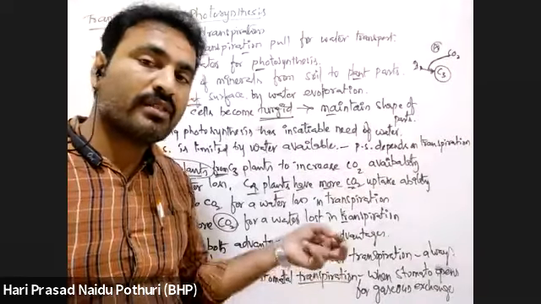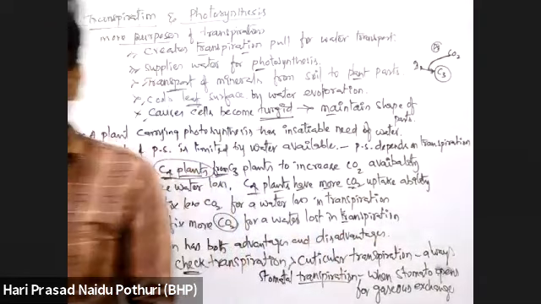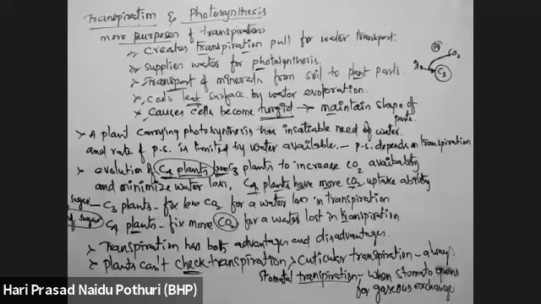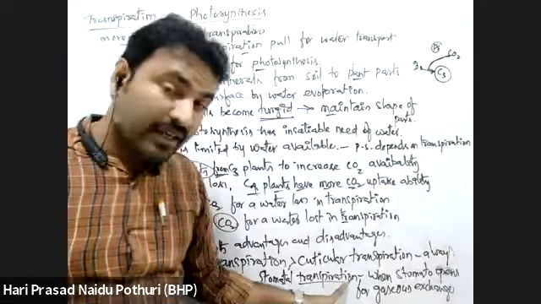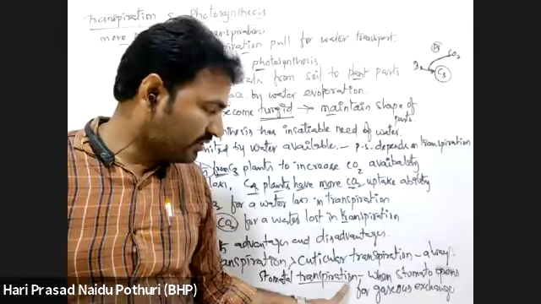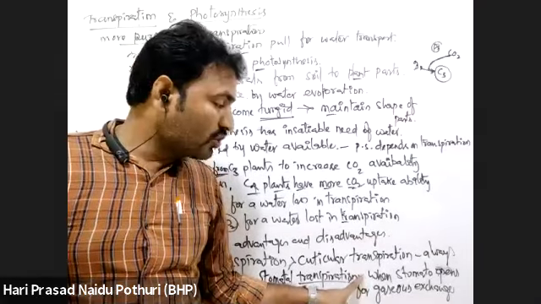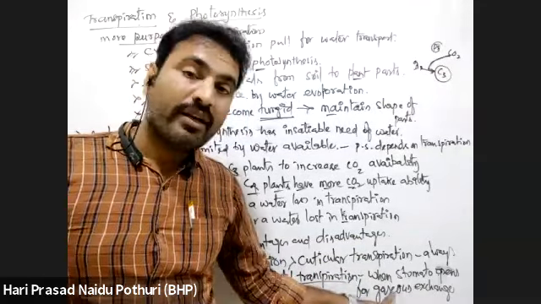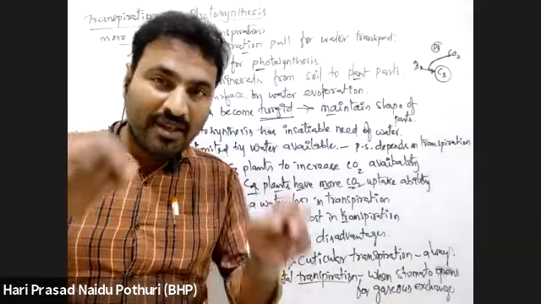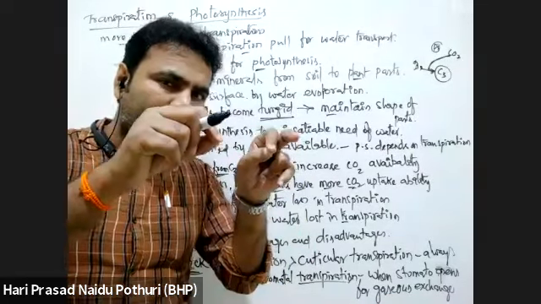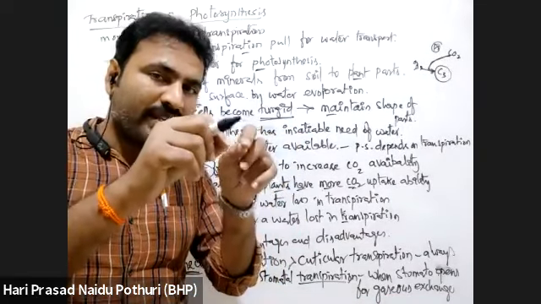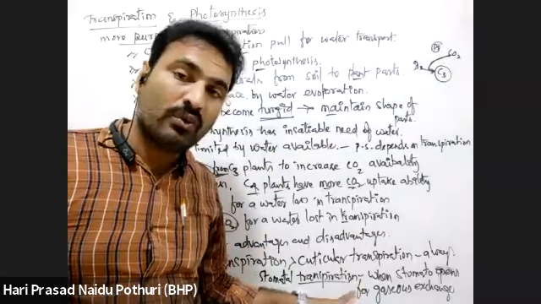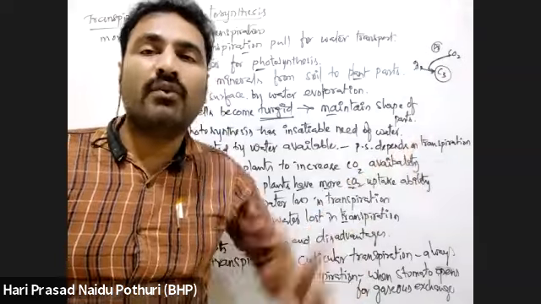For photosynthesis, there is a need for exchange of O2 and CO2. That is the major thing. The transpiration through stomata takes place whenever there is gaseous exchange. Whenever stomata open for exchange of CO2 and O2, there is a loss of water vapor.